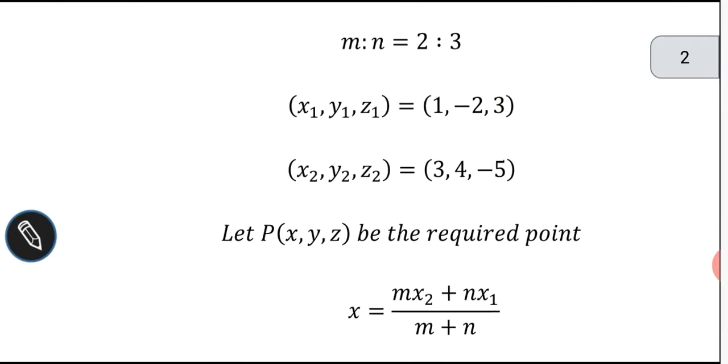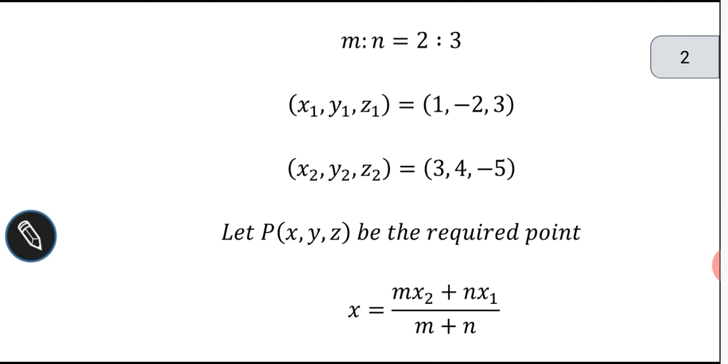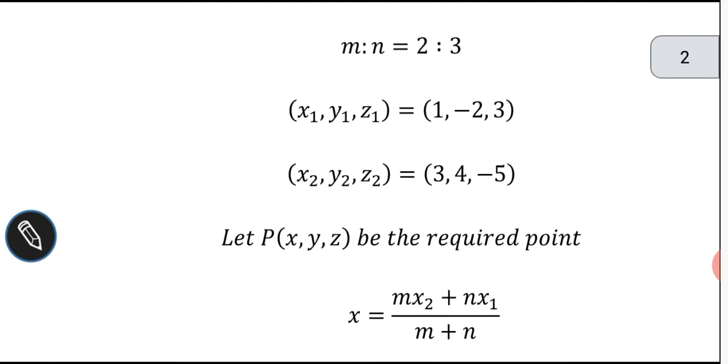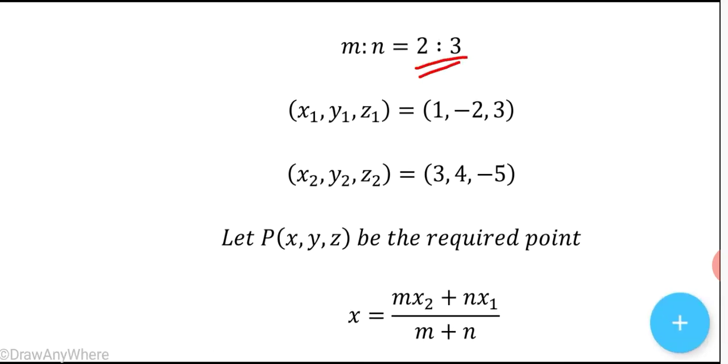Using the formula to find the x, we use the formula (m x2 plus n x1) divided by (m plus n). Okay, for m we have 2, for n we have 3, for x1 1, for y1 minus 2, for z1 3. Okay, for x2 3, for y2 4, for z2 we have to substitute minus 5.